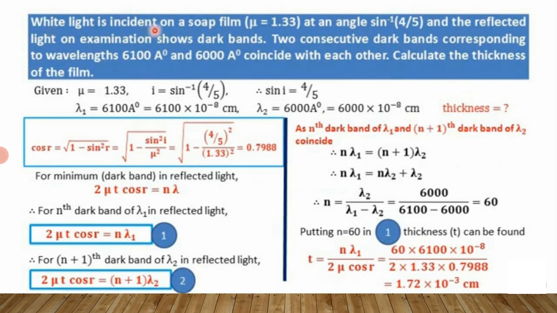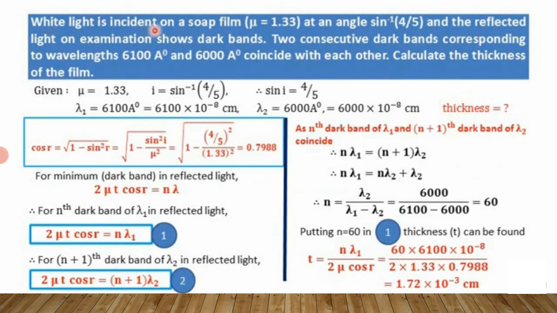Cos of r is equal to under root 1 minus sin square r, which is 1 minus sin square i upon mu square. Sin i is 4 upon 5, so 1 minus (4 upon 5) squared upon (1.33) squared, which is 0.7988. Cos of r is 0.7988.